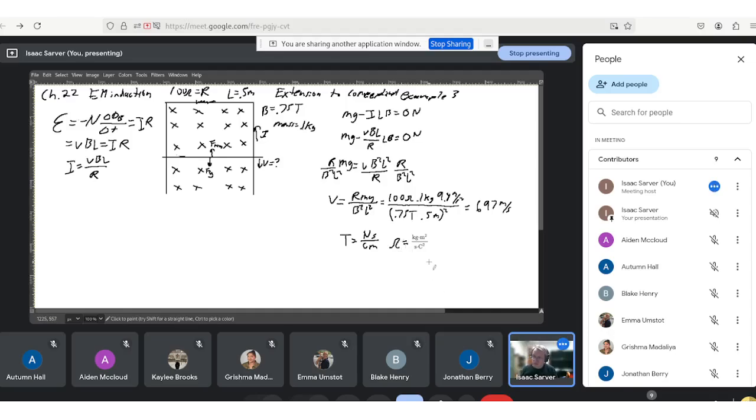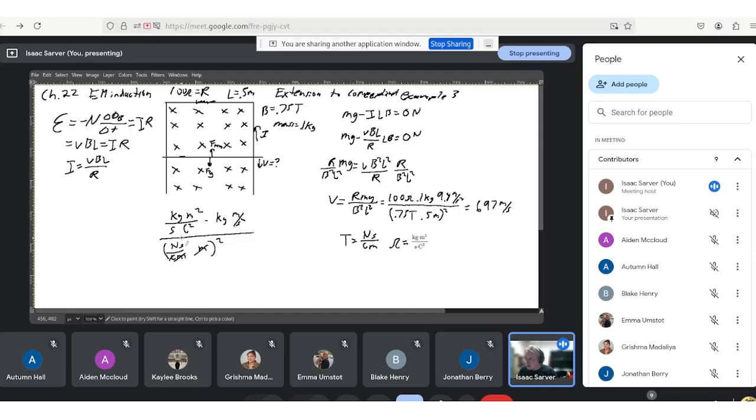Alright. Let's work out units. Make sure that I haven't screwed that up. So we have a kilogram meter squared per second Coulomb squared times the kilogram and a meter per second squared divided by a Newton second per Coulomb meter and another meter squared. Alright, so this cancels with that.